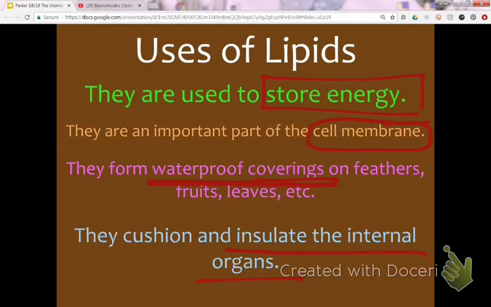So without any body fat, your organs, like your heart, would just be rubbing against your lungs. And yeah, it would not be comfortable. So you need some internal fat supply to keep your organs from being sad.